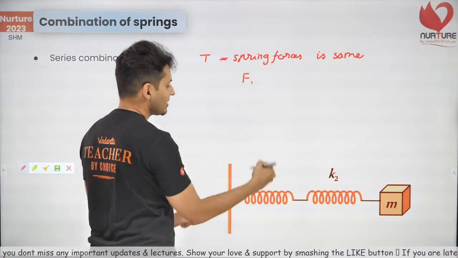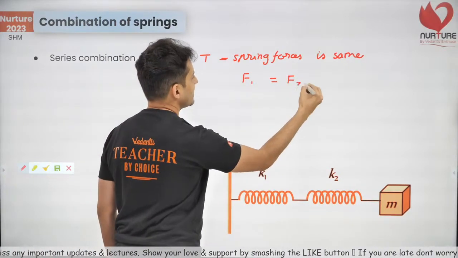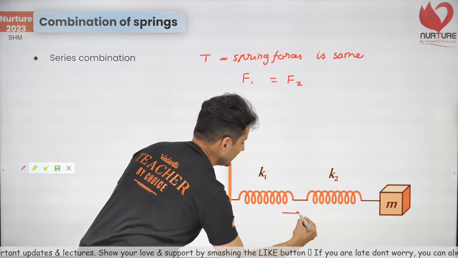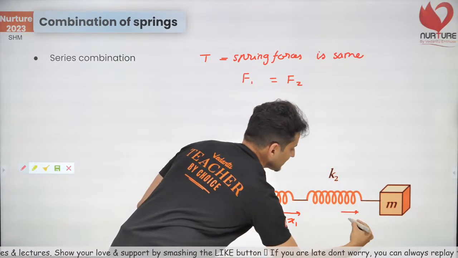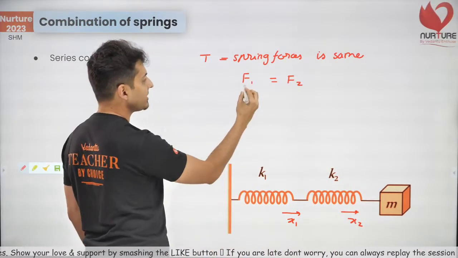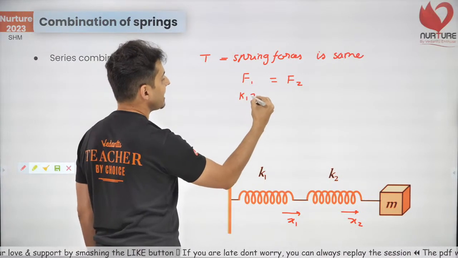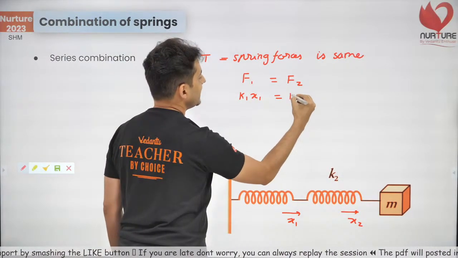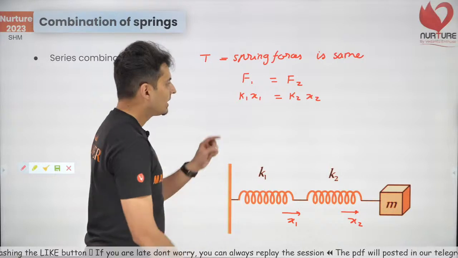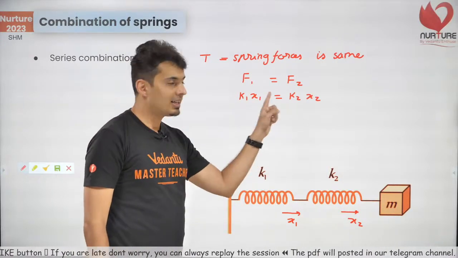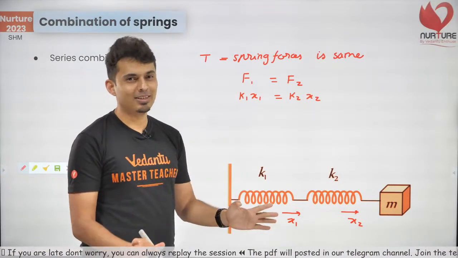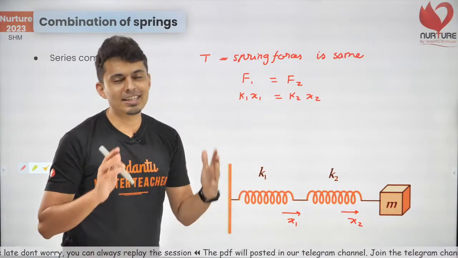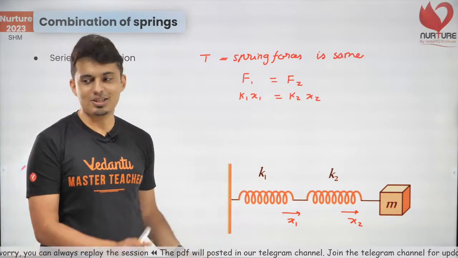Technically speaking, spring force in 1 is equal to spring force in 2, and if this spring extends by x1 and this spring extends by x2, then F1 is K1 x1 and F2 is K2 x2. So if the K's are different, x1 and x2 will be different. If the springs are identical, then the extensions will be the same.